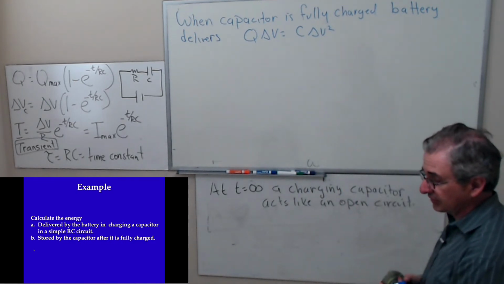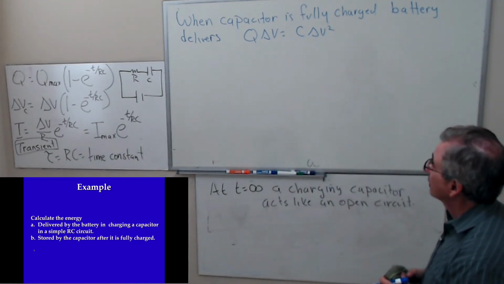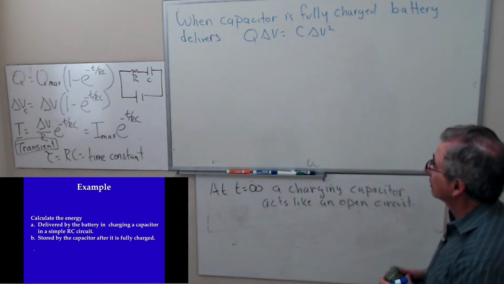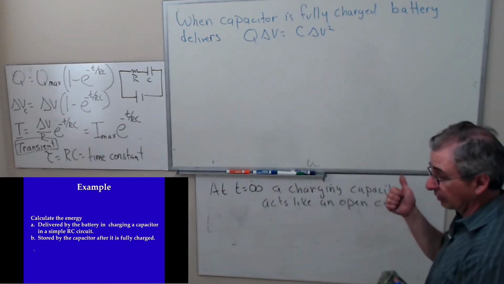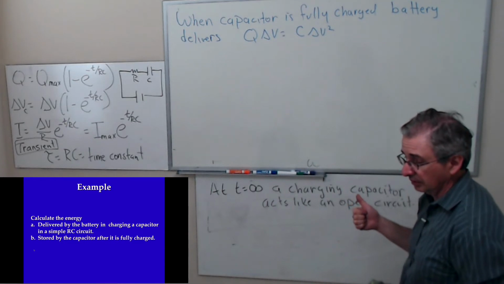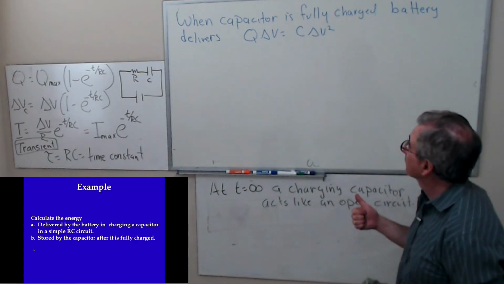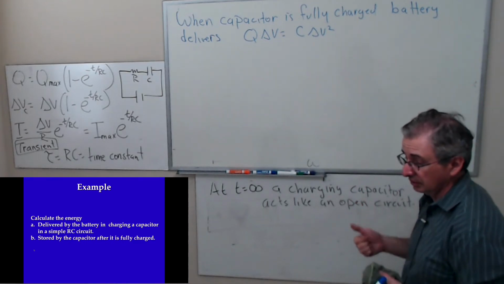Can you explain that again? Okay, so the battery voltage stays constant, correct? What is Q delta V? Is it the energy?